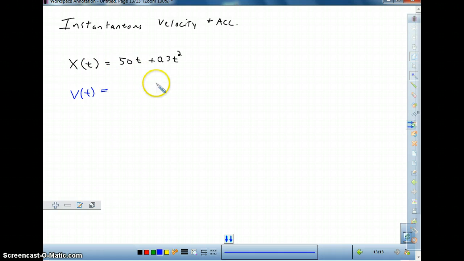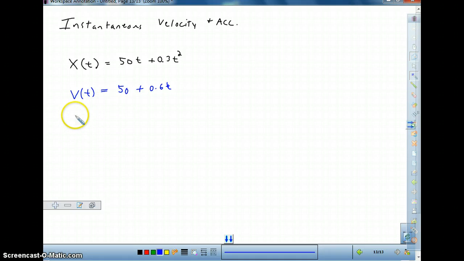Applying the power rule, the derivative of this term is just going to be 50. And the derivative of the next term, bringing the 2 down and multiplying it, will make this 0.6t. Doing that, we now simply have a formula for the instantaneous velocity at any given time t.